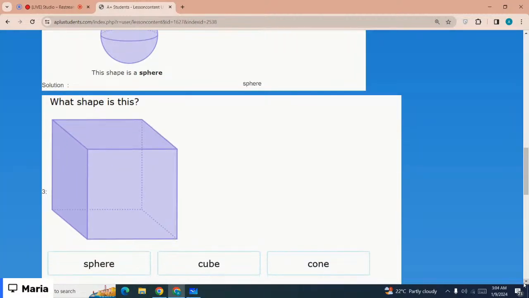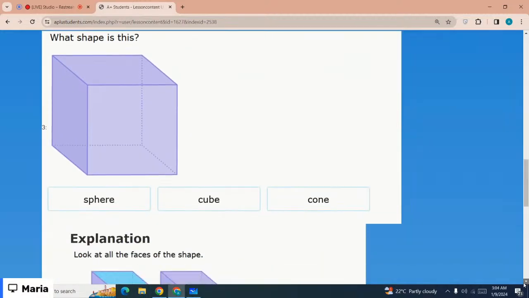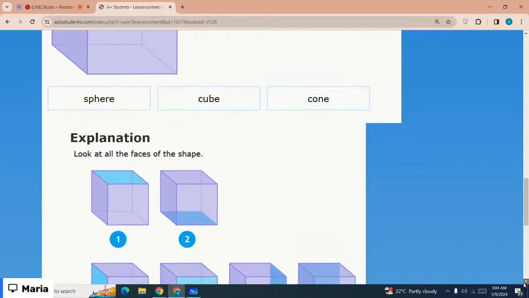Okay, what shape is this? Sphere, cube, or cone? Which is the correct option? This is a three-dimensional shape and that is a cube. It has six faces, right?